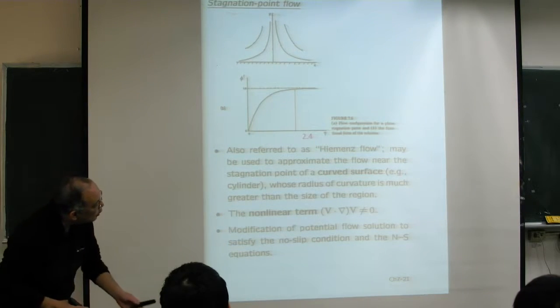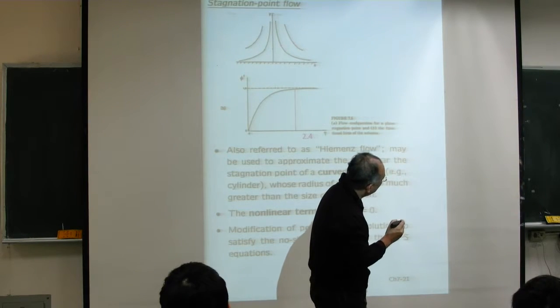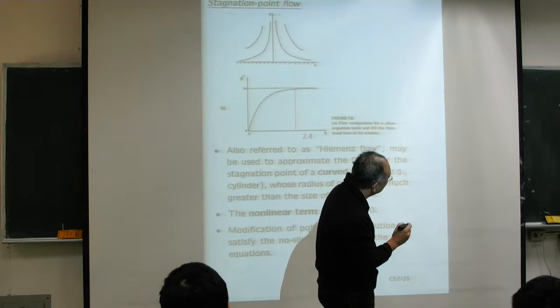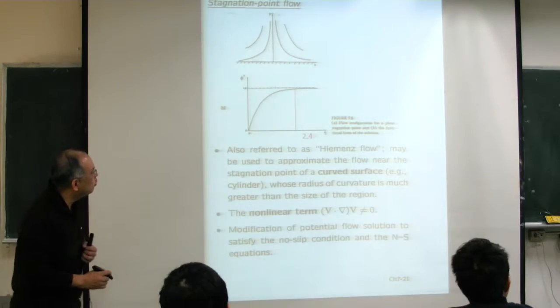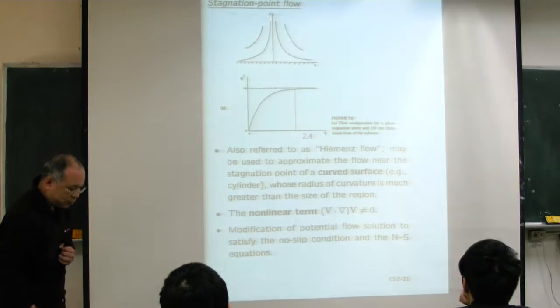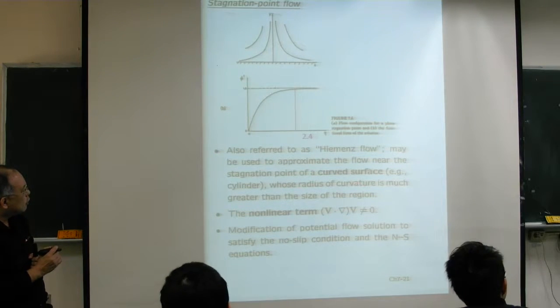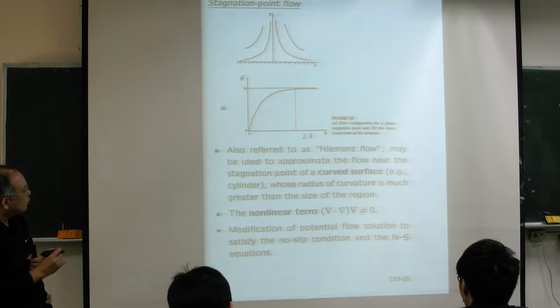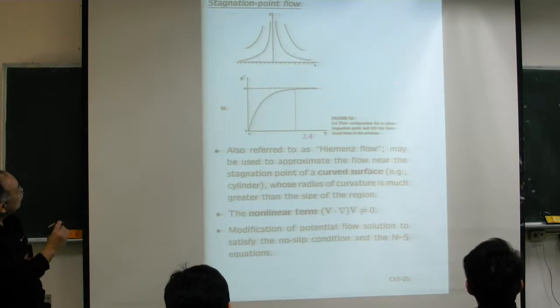When you have a curved surface, near the stagnation region here, we can always assume this is a flat plate, and the flow is normal to the flat plate. So the radius of curvature is much greater than the size of the region. If the size of the region is small compared with the radius of curvature, we can always study the flow locally.